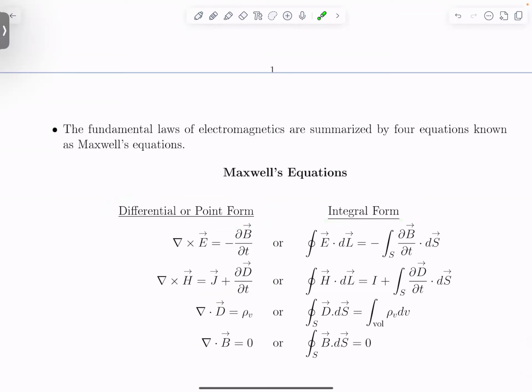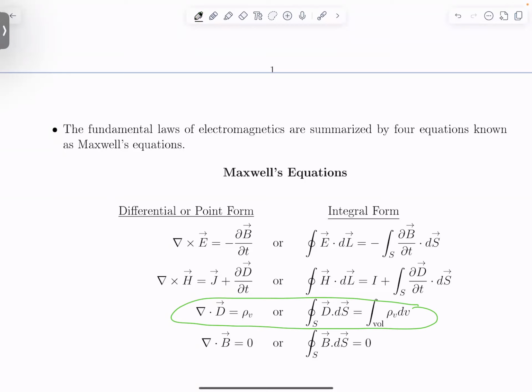Of the four equations that describe the entire electromagnetics, we have covered one. So these two equations that we saw in chapter 3 are actually one of the four Maxwell's equations.